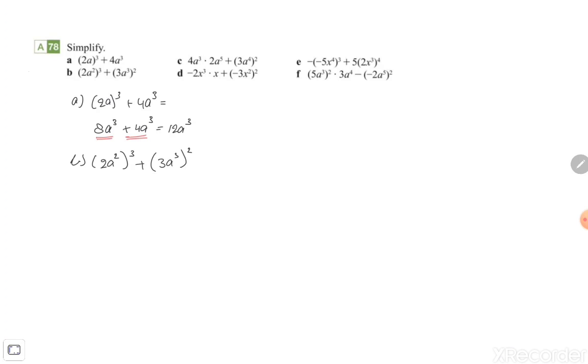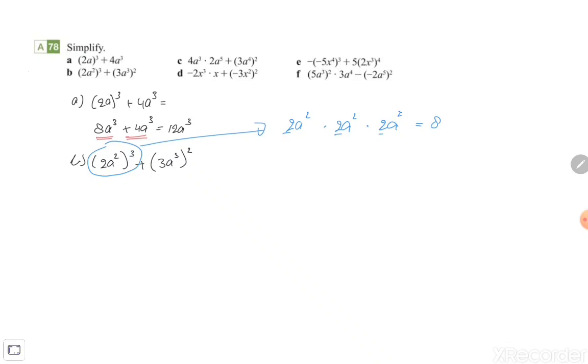So if we just look at the first part, what does it mean? You do 2a squared times 2a squared times 2a squared. So 2 times 2 times 2 is 8.